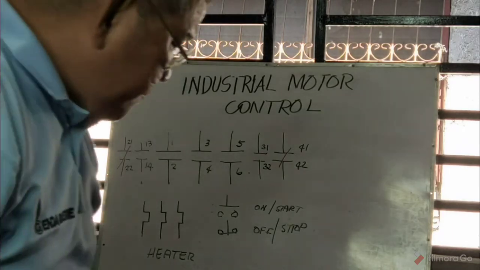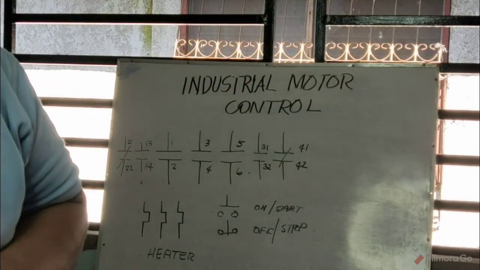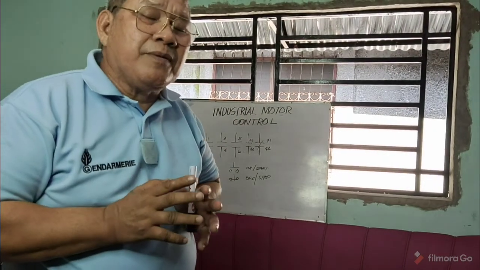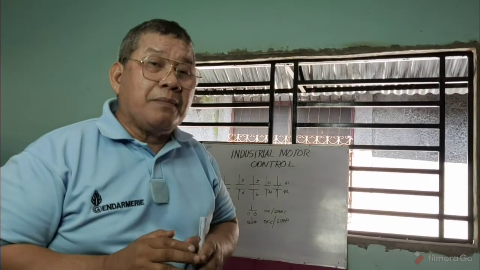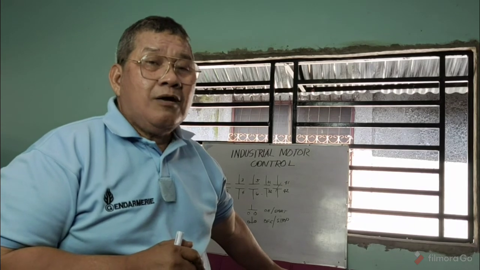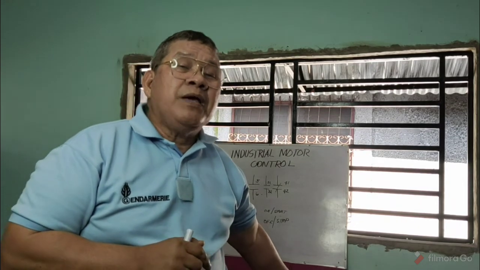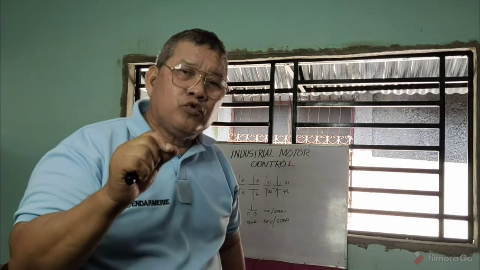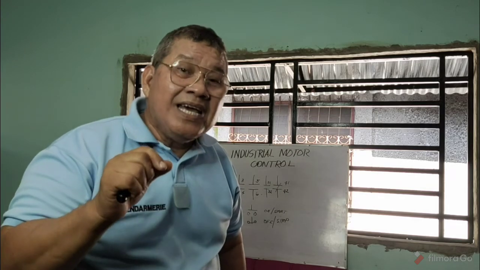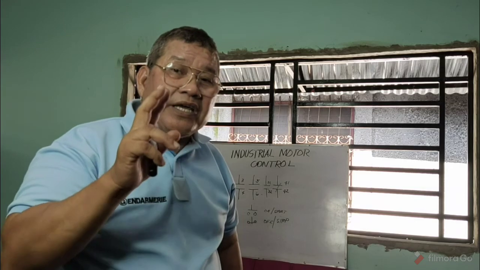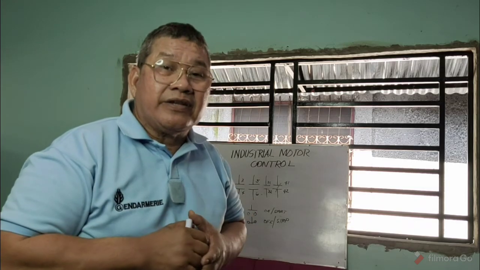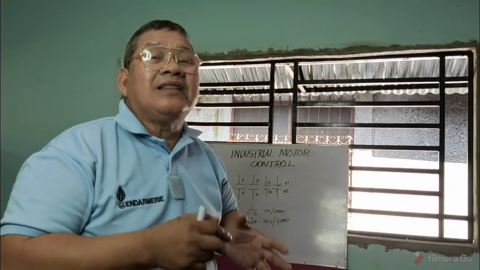What is the advantage of knowing the principle of every part? It is very easy for you to troubleshoot and repair because you know the principle of operation. At the same time, it is very easy for you to design the control circuits. There are two circuits used in a magnetic starter, the power circuit and the control circuit.